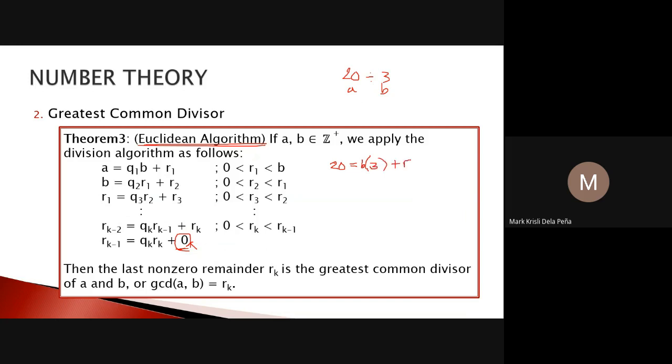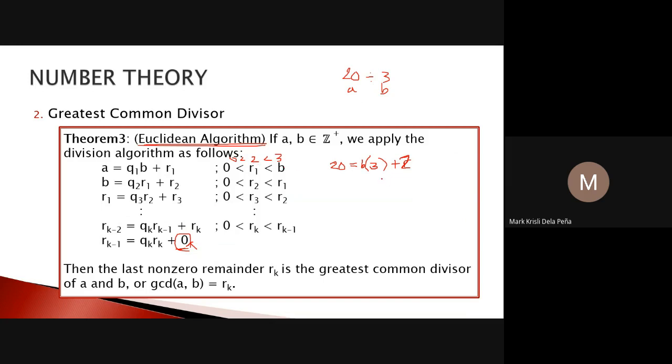We have 6 times 3 is 18, plus 2, that is 20. Our first remainder R sub 1 is 2, which is greater than 0 and less than 3. So 0 is less than 2, and 2 is less than 3.